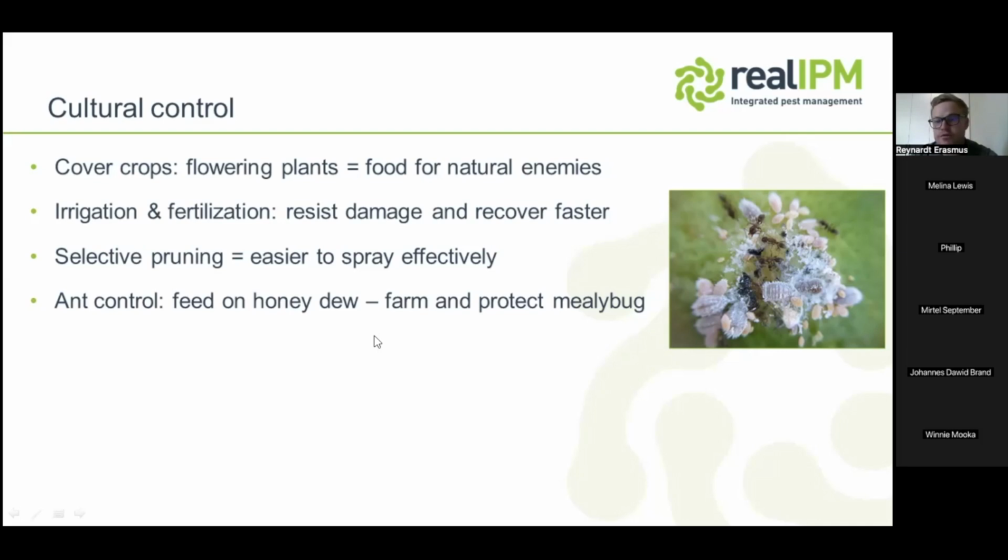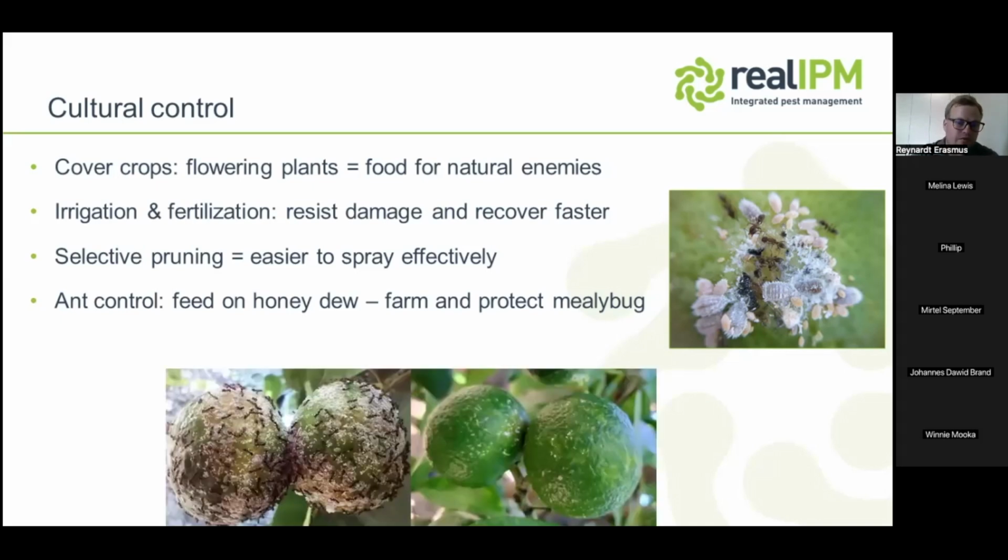As I said, they produce copious amounts of honeydew, and then ants come and they literally farm and protect mealybug for this honeydew. So by effectively skirting our trees and then also doing effective ant control measures, we can increase the capability of our beneficial insects then to do their job and feed and parasitize on mealybug.